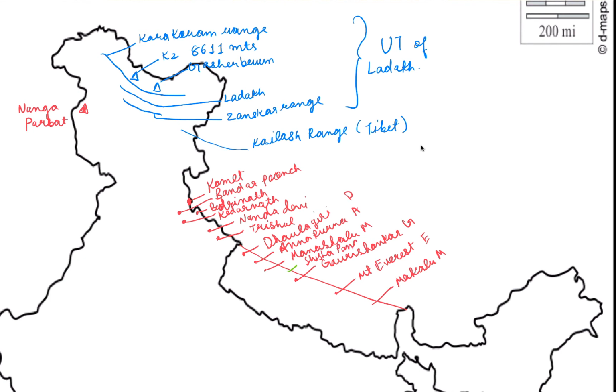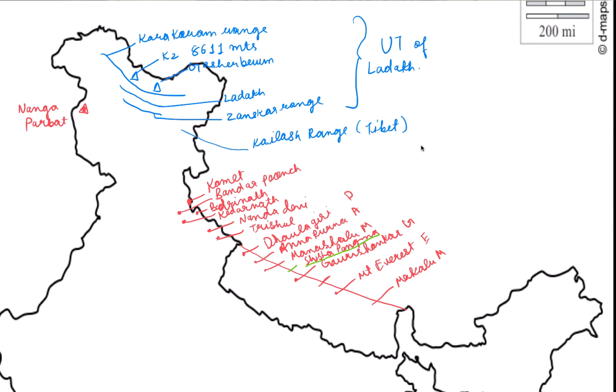Again, I'm marking it with green so that we remember that it was there in the news, but again it's not that important as per Sudarshan sir, so I'm not going to focus too much on that, but let's just mark it anyways.